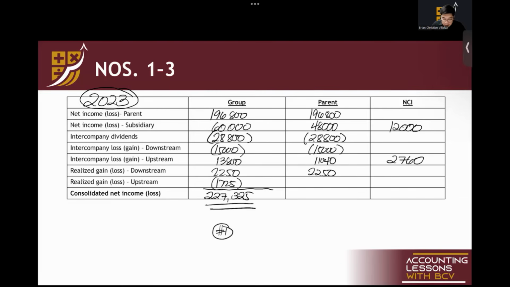And for the realized loss, 80%, magkano? 1,380. And 20% is for NCI. Ayan. So we can already compute for numbers 2 and 3. Kindly compute number 2 and 3.